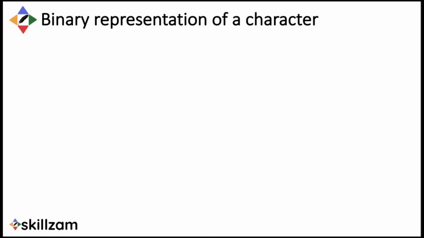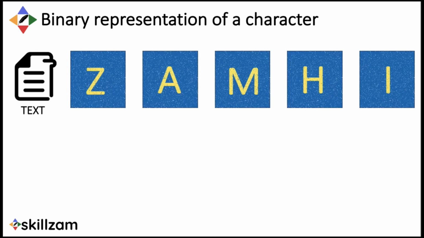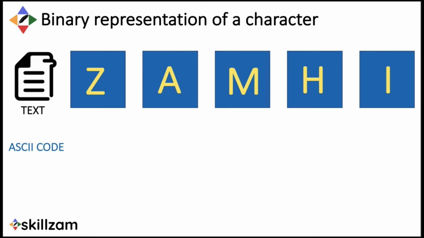Binary representation of a character. Let us now consider an example of a text, that is Zamzam, which is the world's responsible social connect platform. This contains 5 letters: Z, A, M, H, I. The ASCII code of the letter Z is 090.